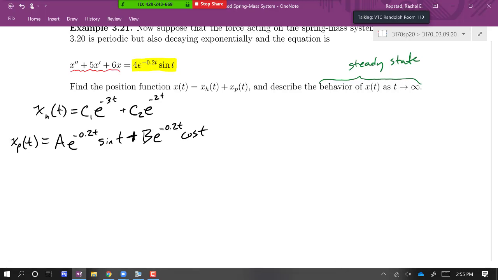So to figure out a and b, we need to find x prime and x double prime. And to make it a teeny bit easier, I'm going to factor out the e to the minus 0.2t, because then I only have to use the product rule once.